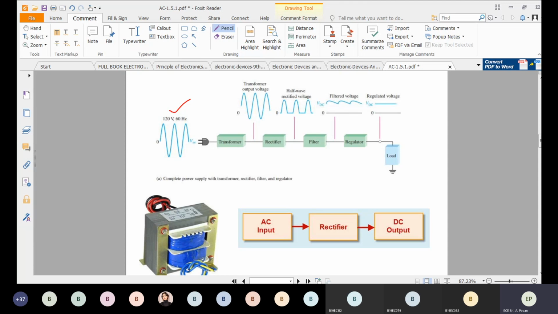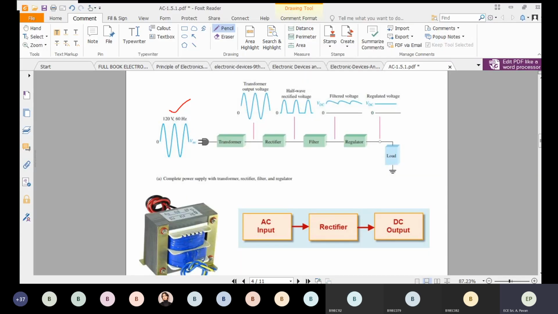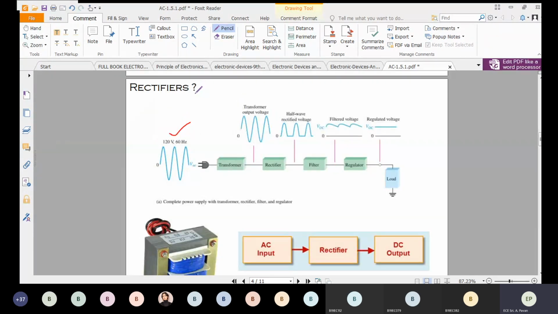If a circuit converts a time varying signal into a stable signal, stable meaning a straight line, that circuit we call a rectifier. This entire thing is a black box.